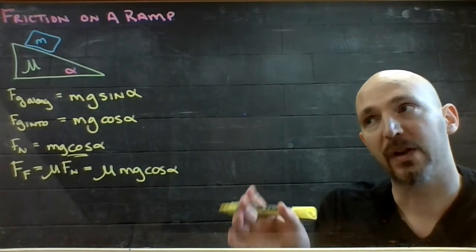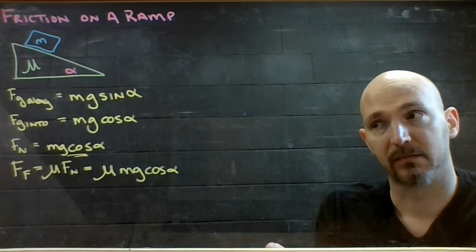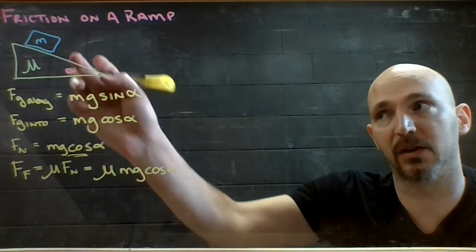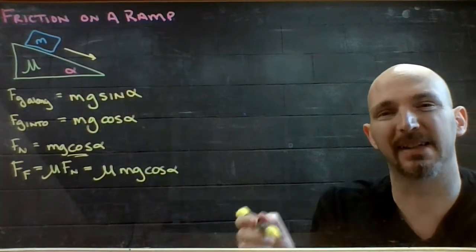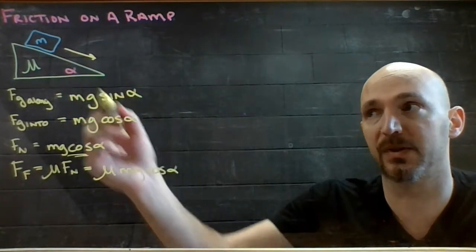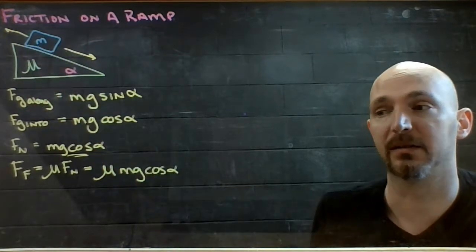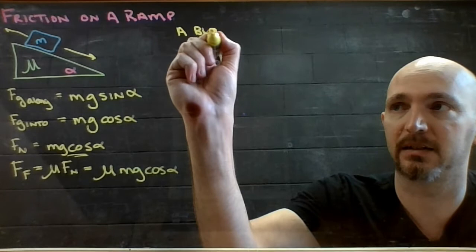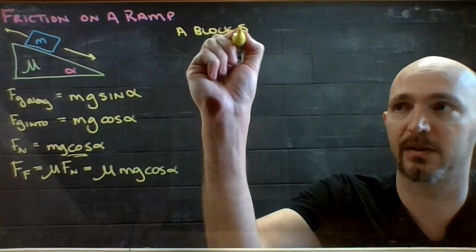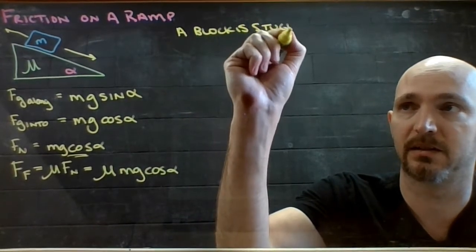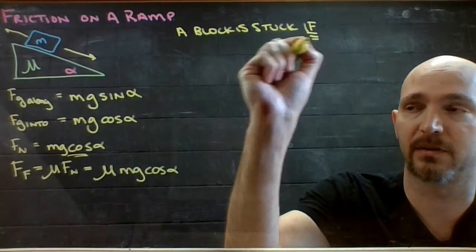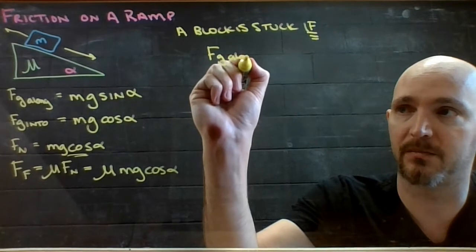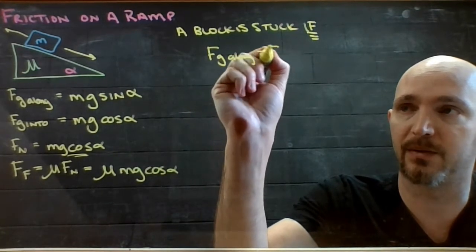So, if we want this block to stick, the reason it sticks is that the force of gravity along the ramp, pointed this way, is exactly balanced by the force of friction pulling that way on it. So a block is stuck if the force of gravity along the ramp equals the force of friction.